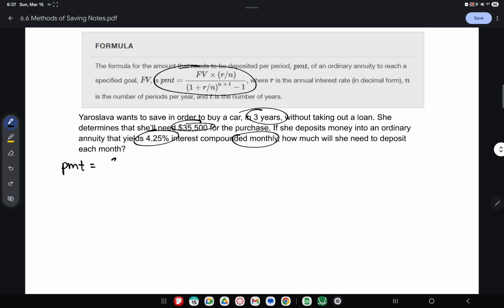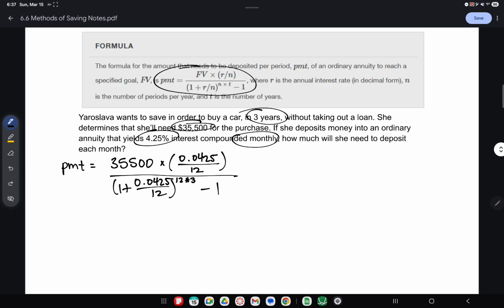So, all right, the future value, we want it to be the $35,500 times R over N, so 0.0425. N, it's monthly, so 12, all over 1 plus 0.0425 over 12 to the NT, so 12, and then 3 years, and then minus 1. So that's the formula.